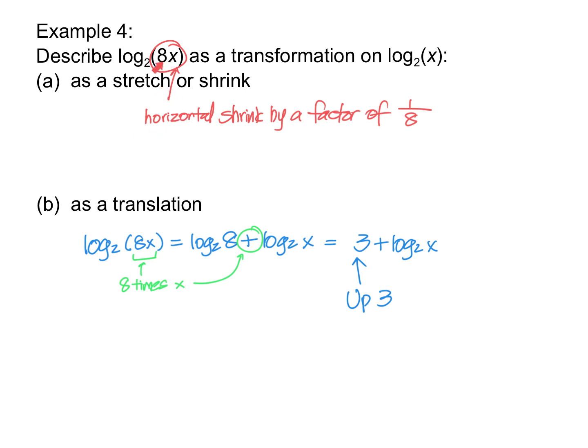When you have 8 times the x, that's a horizontal shrink by a factor of 1/8. So this is an interesting finding. If we think of this graph right here as the parent graph, then a horizontal shrink by a factor of 1/8 gives you the same graph as moving this parent graph up 3. That's really weird.